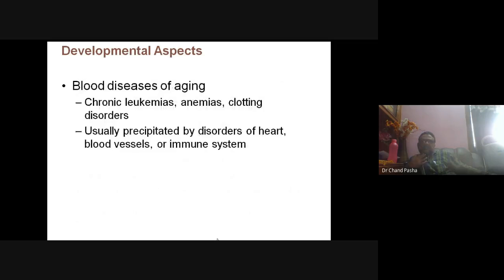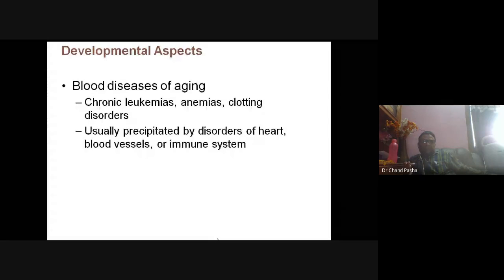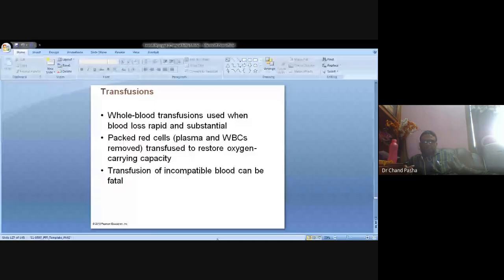And blood diseases of aging: chronic leukemia, that's blood cancer, anemias, loss of blood and or loss of production, and clotting disorders, usually precipitated by disorders of the heart, blood vessels or immune system. This is about it.